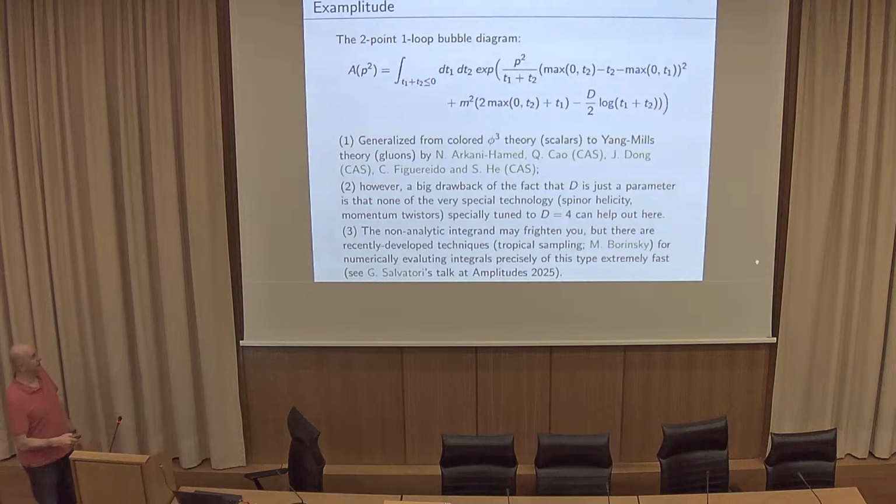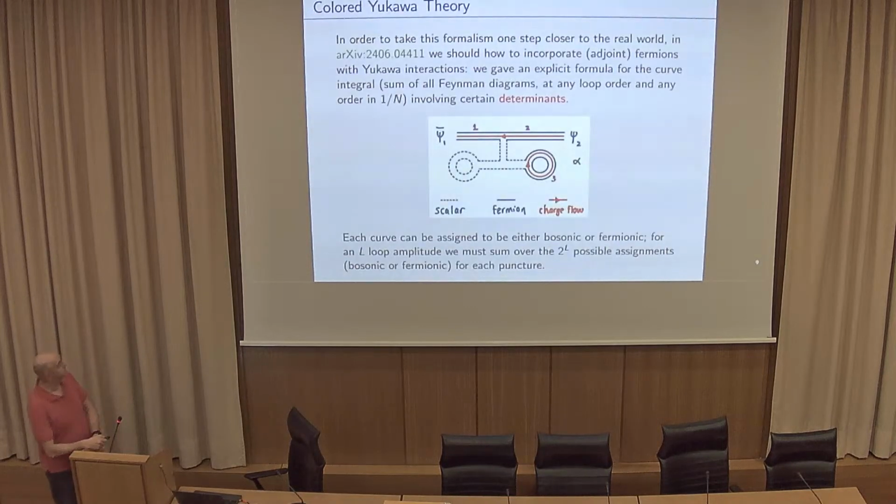As the word sampling implies, it's like a Monte Carlo way of numerically calculating these integrals, but it knows exactly which regions of the integral contribute the most, so it can focus all of its effort in those areas, and you get extremely fast convergence.